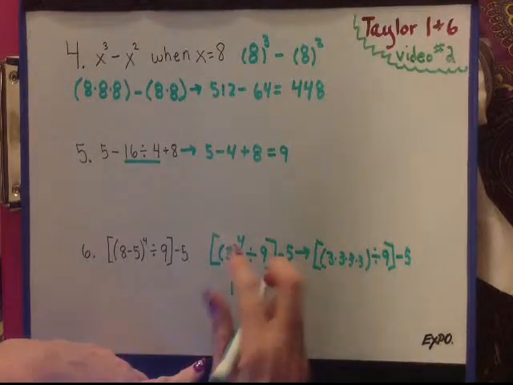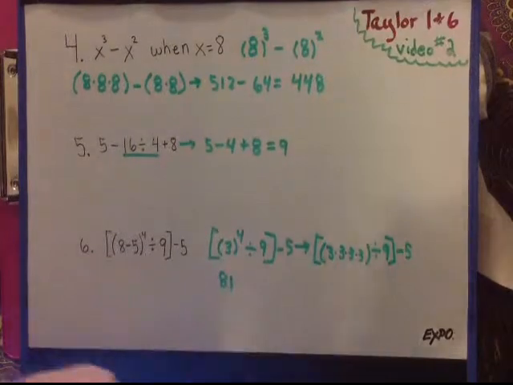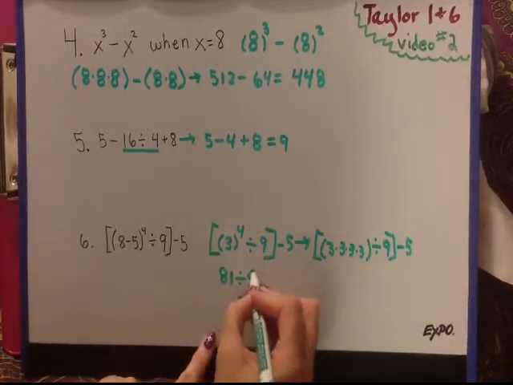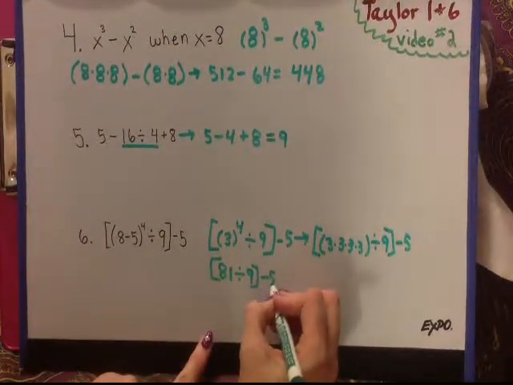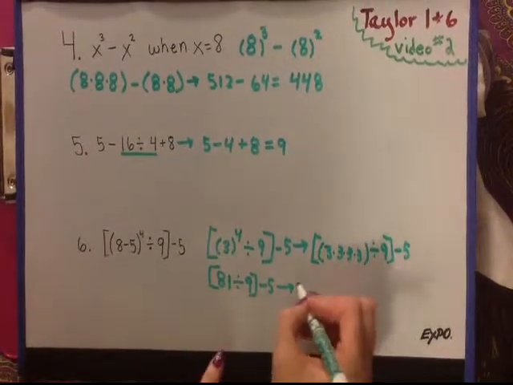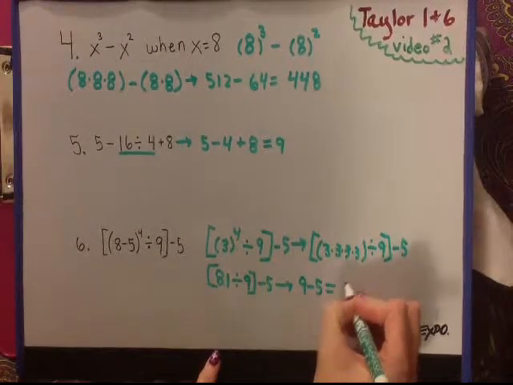I'm going to rewrite that. 81 divided by 9, and that's inside of our brackets, minus 5. 81 divided by 9 is 9, and 9 minus 5 is 4.